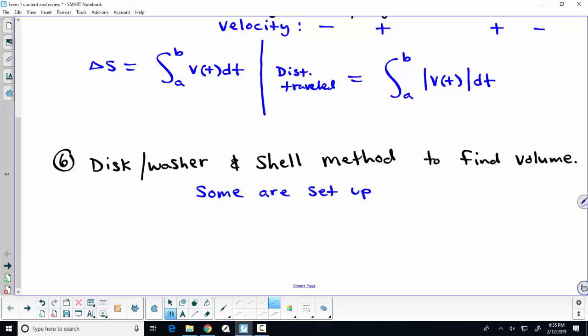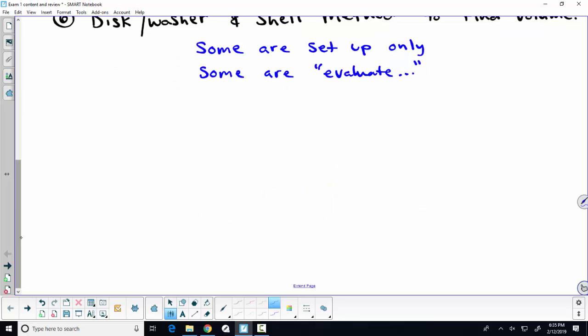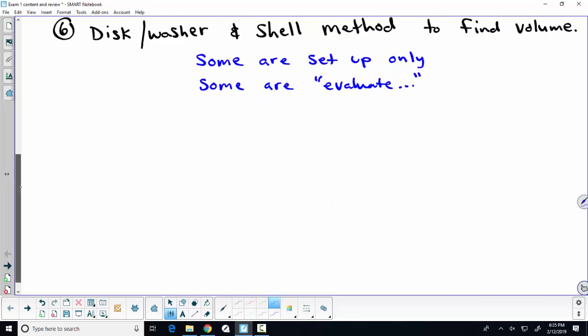I'm not quite sure how many. Whatever, evaluate the volume. It wouldn't hurt also to look at examples where they're revolved around other lines outside of the x and the y axis.